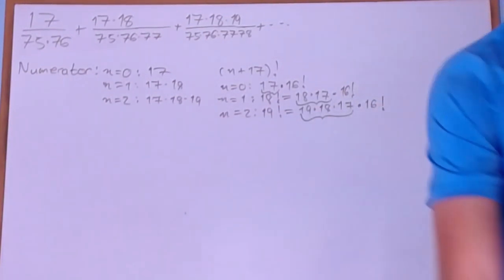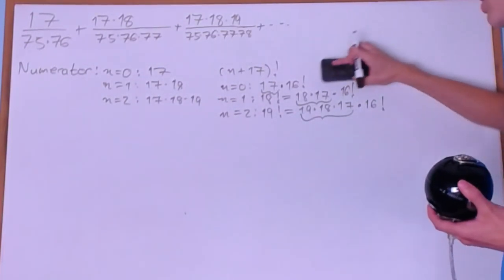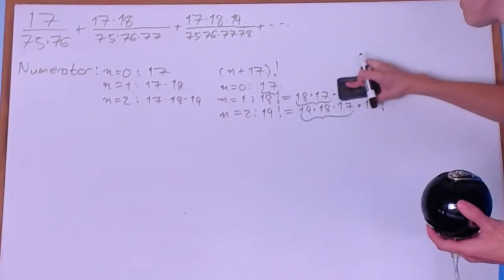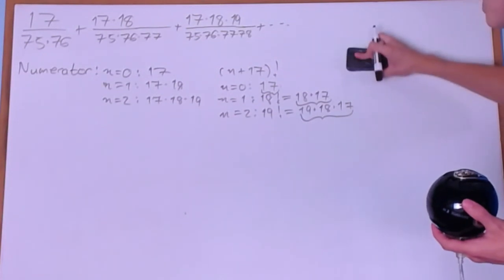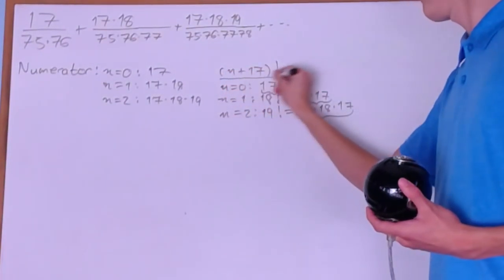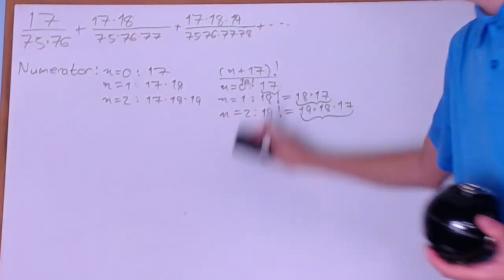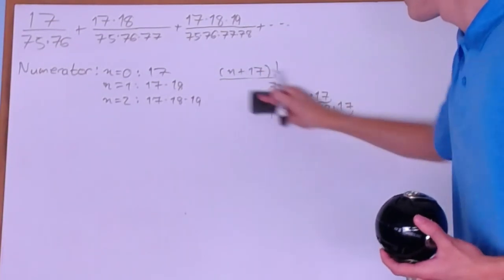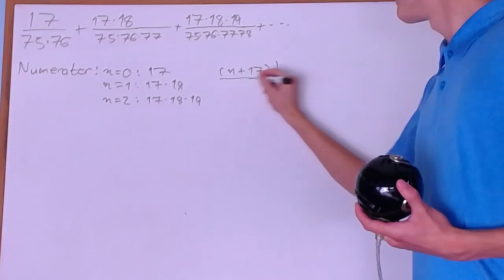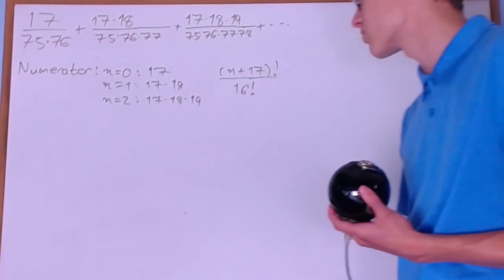And so the formula would just be n plus 17 factorial, and then you divide out by 16 factorial to get rid of it. So the final formula is n plus 17 factorial divided by 16 factorial. And that's the numerator's formula.